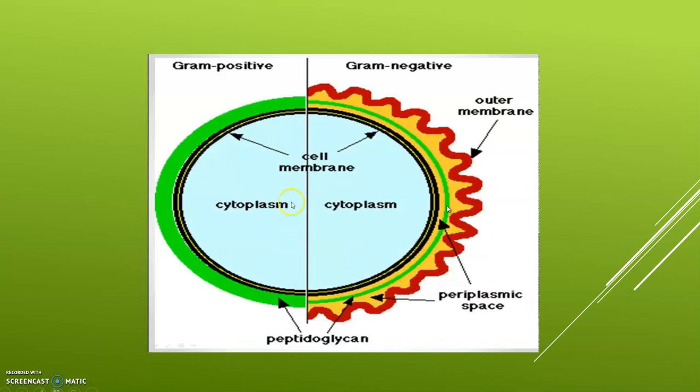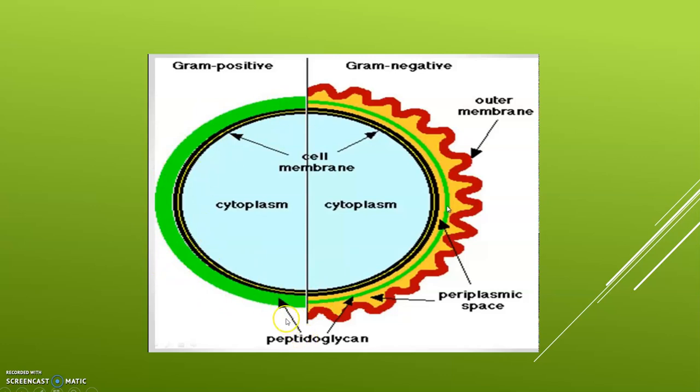And how does it happen? This is the difference between a gram-positive and a gram-negative bacterial cell. Here in the gram-positive bacteria, this green colored region is the peptidoglycan layer. I hope you all are familiar with the bacterial cell wall.